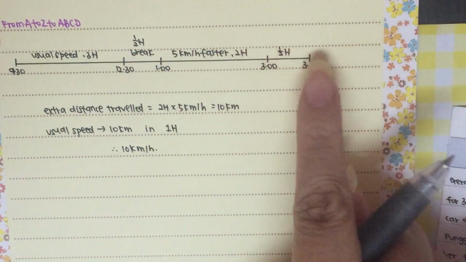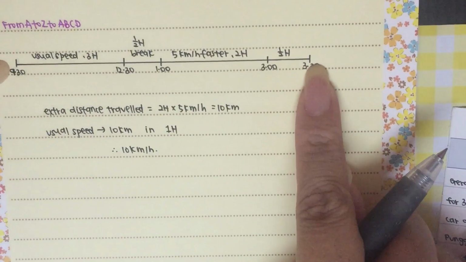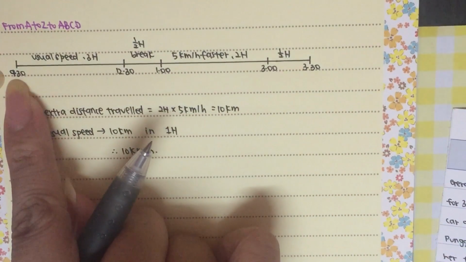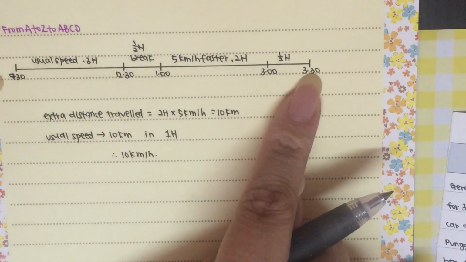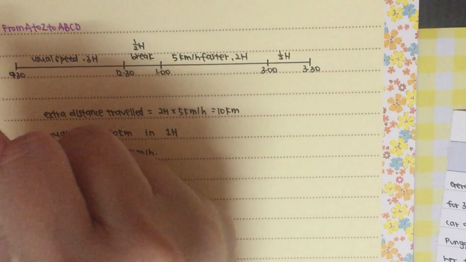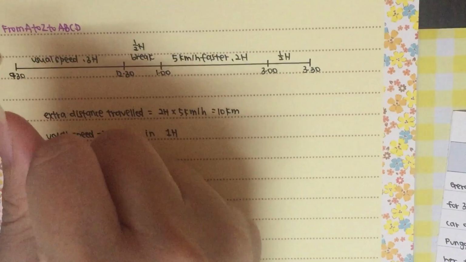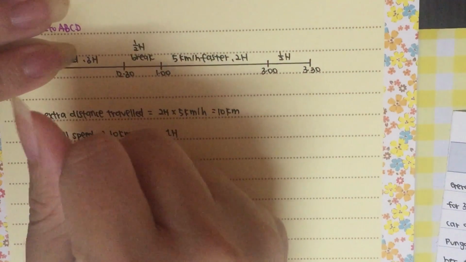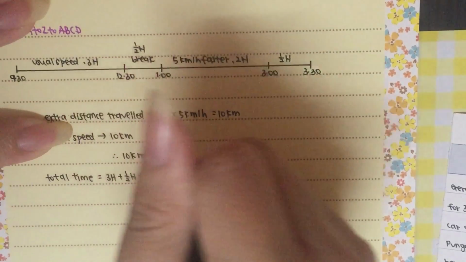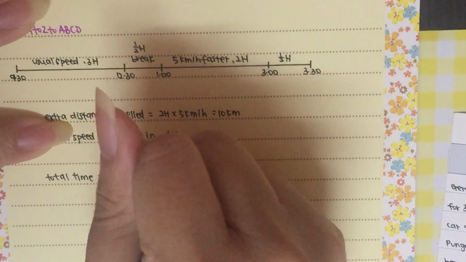Okay, so to get the total distance traveled, we need to find the total time, because initially what Geraldine planned is to leave her house at 9:30 and to reach her friend there at 3:30. So the total time will be equal to 3 hours plus half an hour plus 2 hours plus another half an hour.